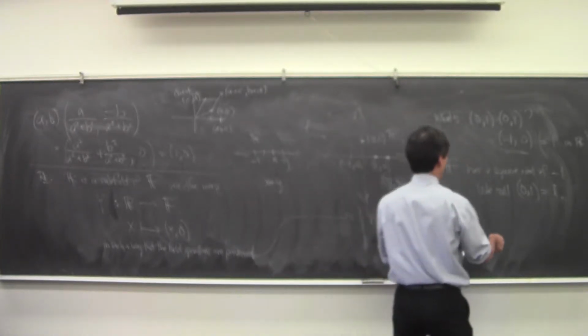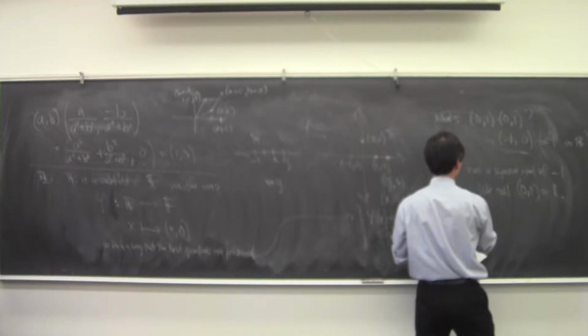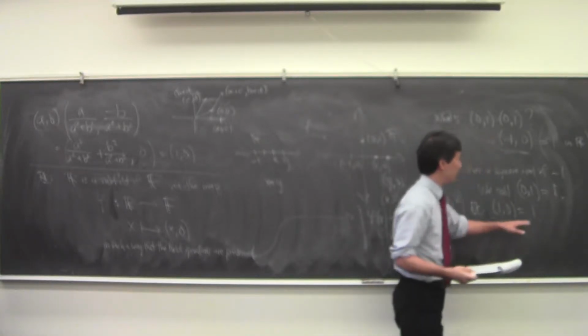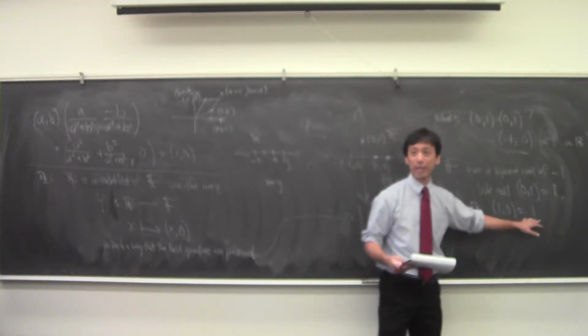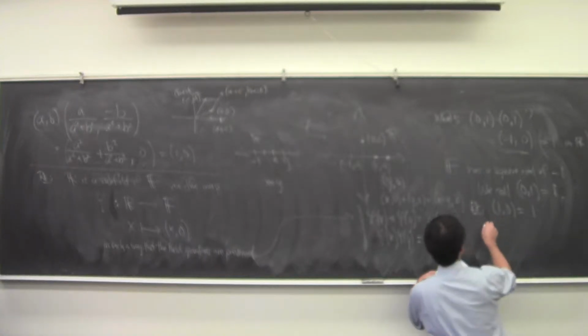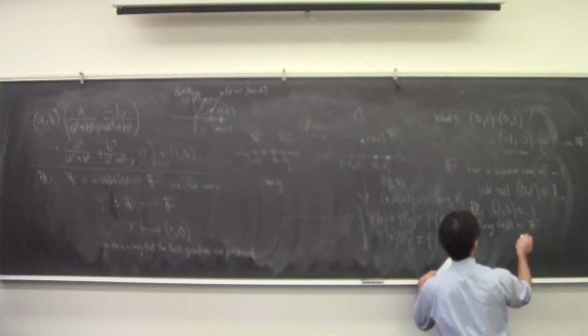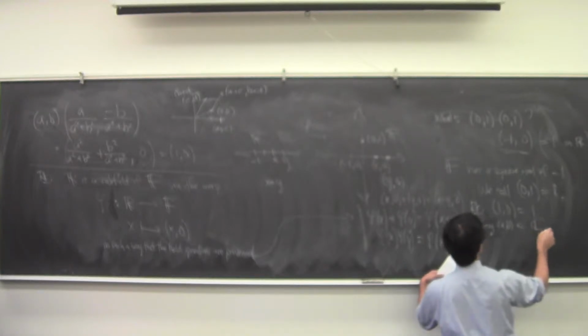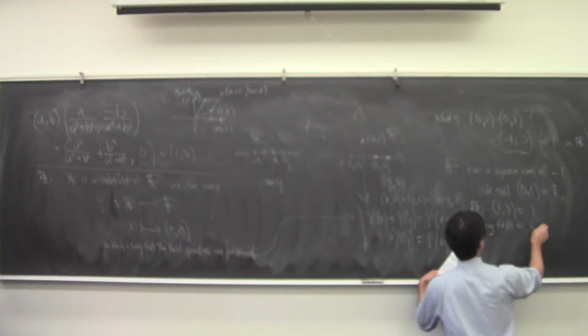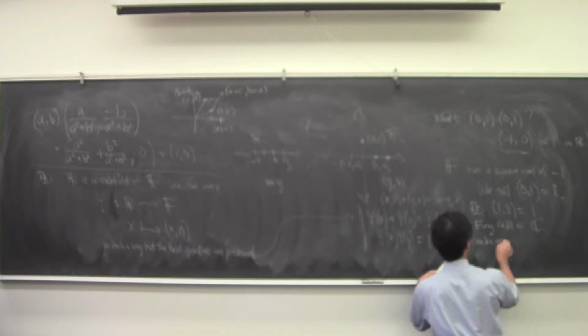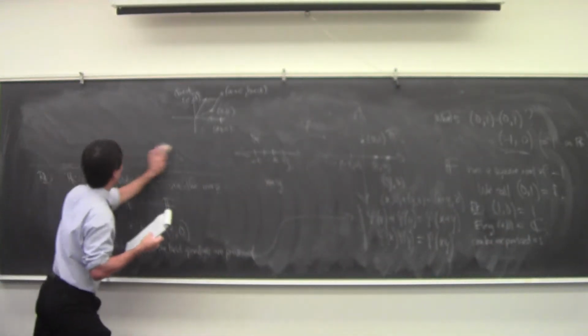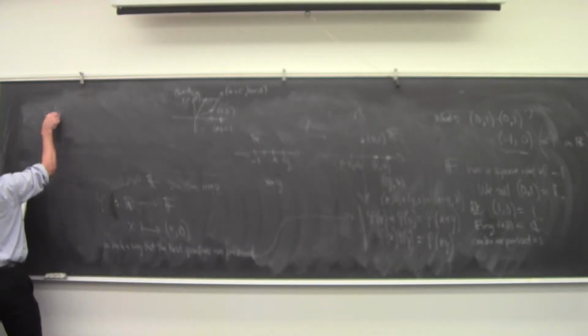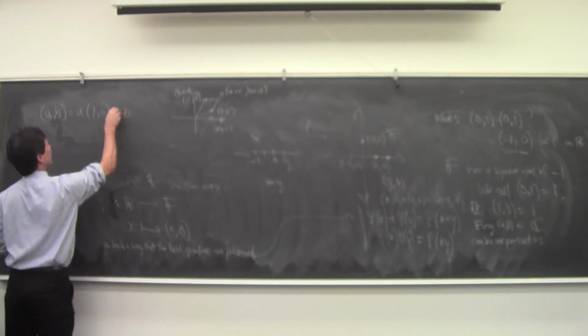Of course, 1, 0 is the analog of the real number 1, and so every AB in this field, which we should now call C, the complex numbers, can be expressed as A times 1, 0 plus B times 0, 1.